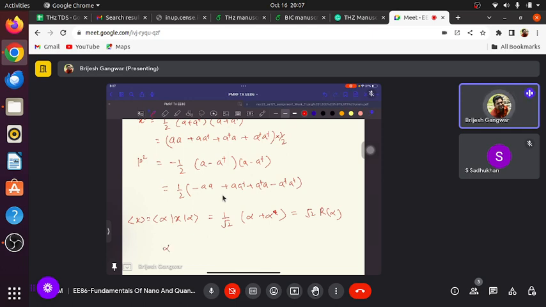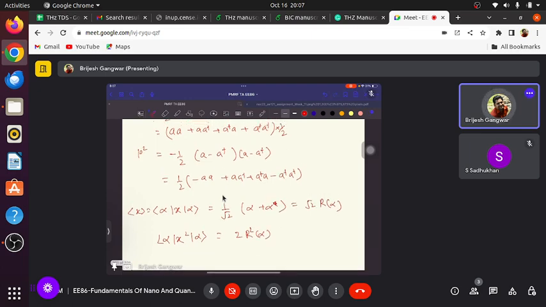Similarly, if you calculate alpha x square alpha, it will come to the square of this one, this is real square of alpha. Sorry, this will be this value.